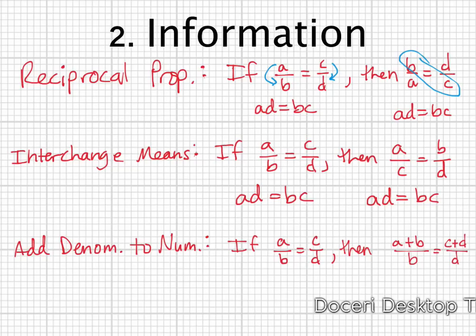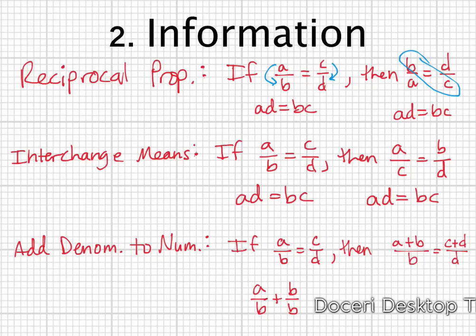Now you're probably thinking, why does this work? Well, think about it this way. In order to add B and A, I would have to add B over B because I have to have a common denominator. So A over B plus B over B, that's the same as just adding 1.